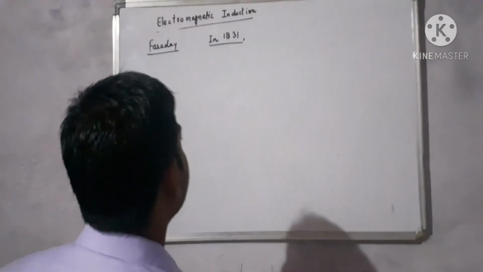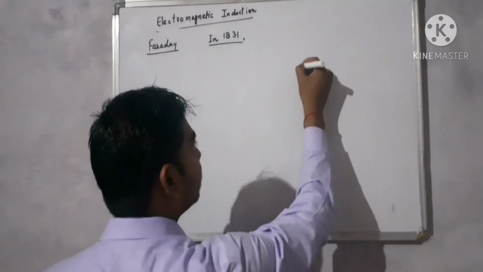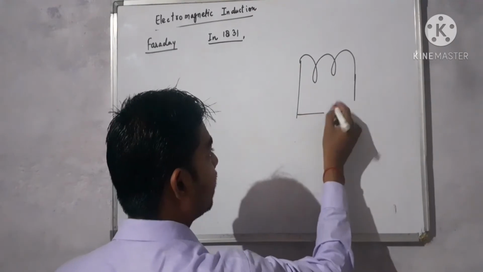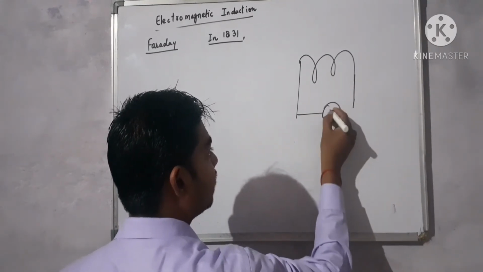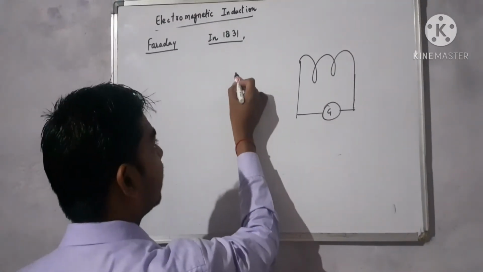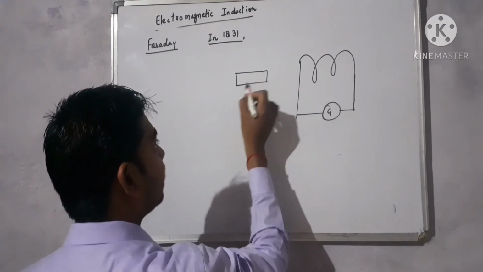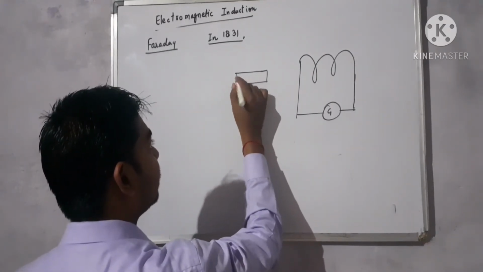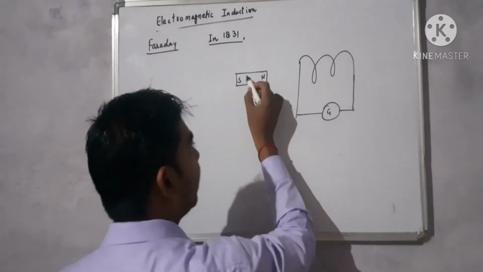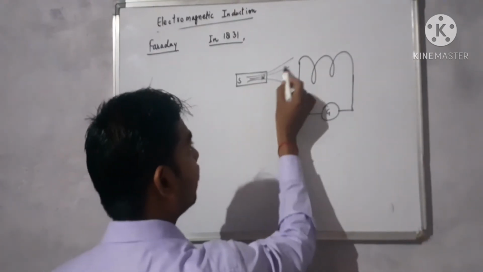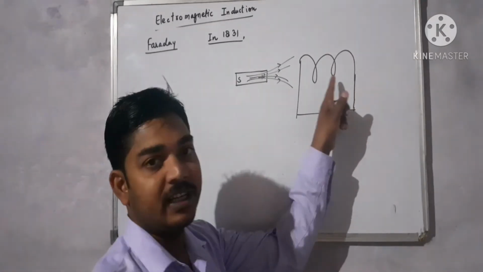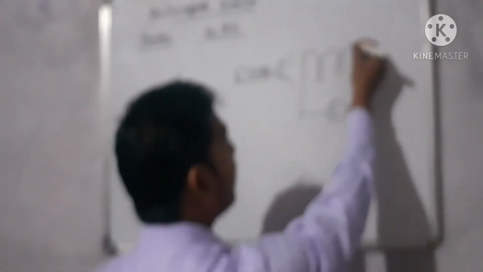He observed that when there is a coil connected to a galvanometer, and we move a magnet, with its south and north poles, towards or away from the coil, an induced EMF is produced in the coil.